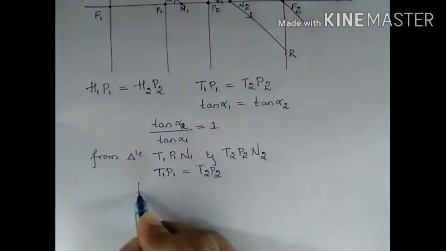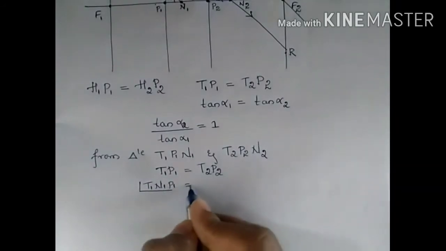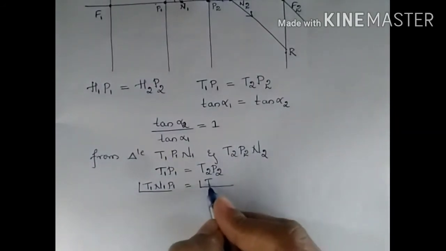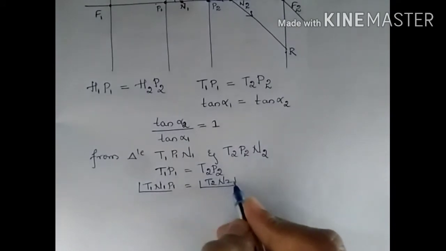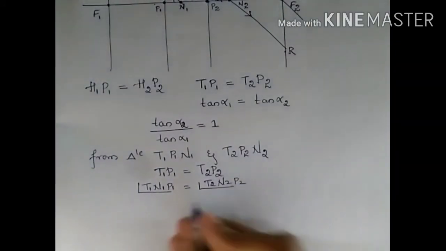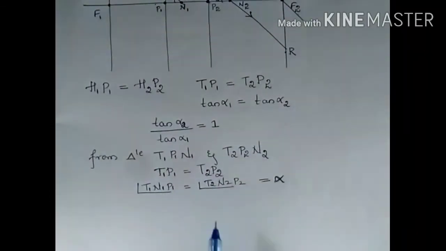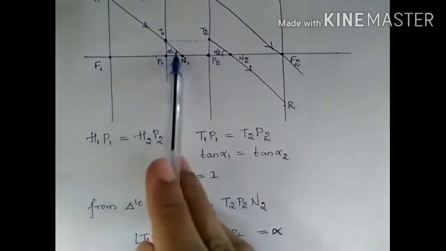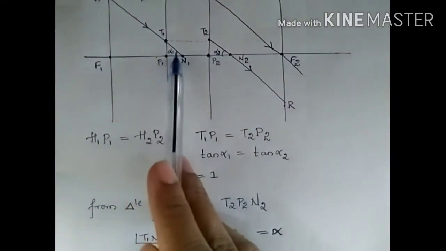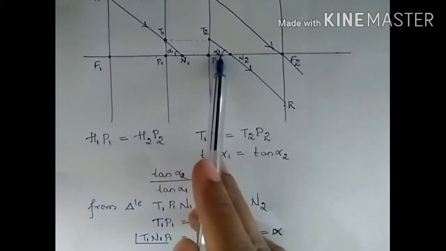Now the angle T1 N1 P1 is equals to angle T2 N2 P2. So the angle that is made here is equal to the angle that is made in the triangle T2 N2 P2.